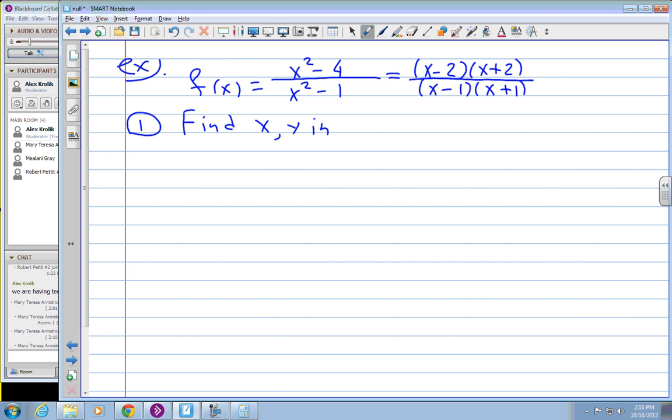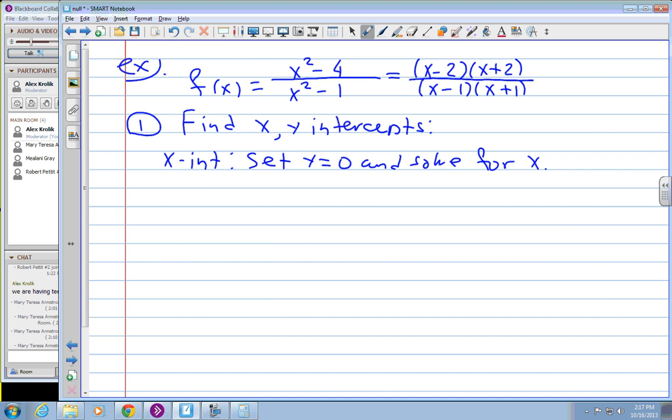Remember, in order to find the x-intercept, we set y equal to 0 and solve for x. That's the general concept of finding the x-intercept.